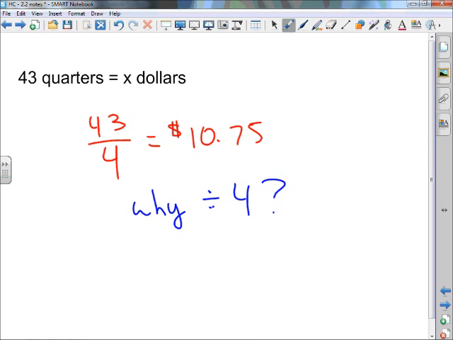So what I want you to do is take a second here. Think about why divide by 4? Because I'm going to ask you, why not multiply by 4? And many of you are going to sit there and say, well, it's just what you do. I just know I divide by 4. Well, then I'm going to ask, but you haven't proven it to me. Some of you then will start to say, well, there's 4 quarters in $1.